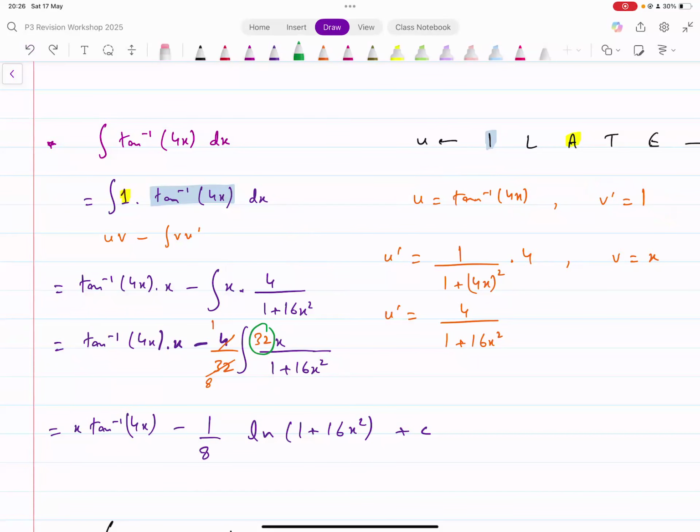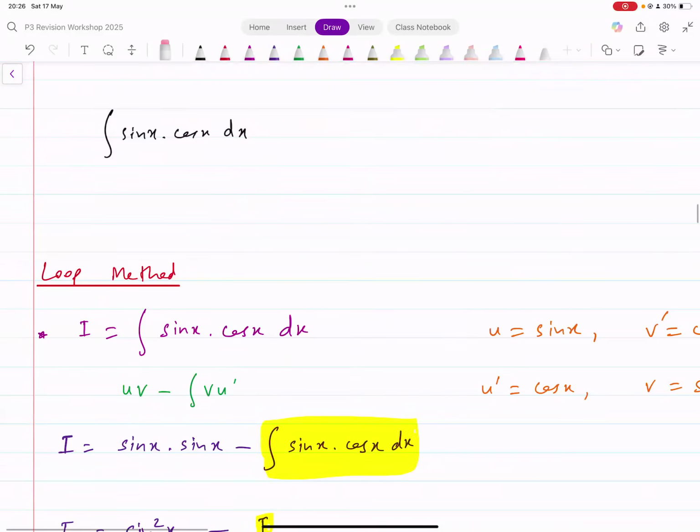We could multiply 32 in here and divide by 32 outside to balance that. And then it becomes the ln rule. We integrate it like that, and that gives us the result. So you need to remember ln of something and tan inverse of something, they are integrated using integration by parts. We write them as 1 into that function and then integrate them. Okay.